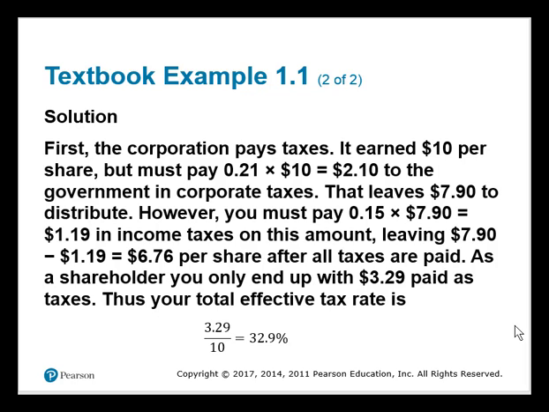That leaves $6.76 to the shareholder after all the taxes are paid. So the shareholder pays $3.29 in taxes. So this is a total effective tax rate of 32.9%.